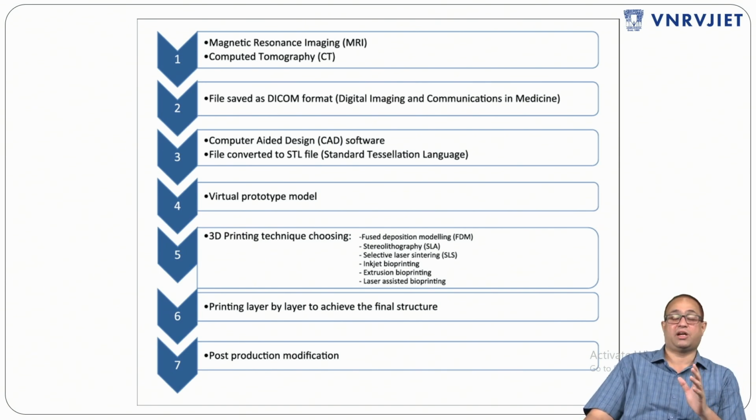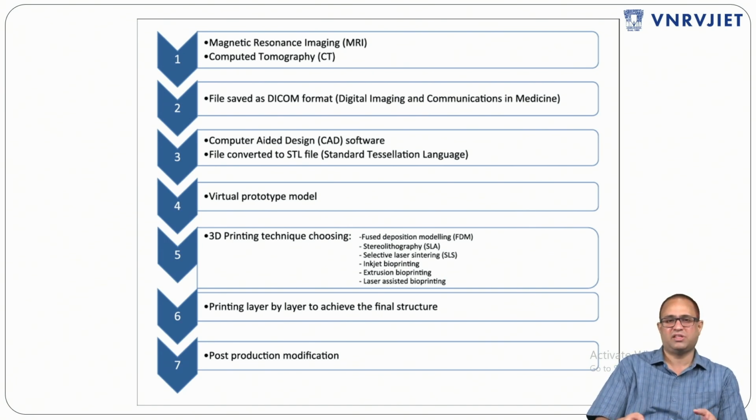This is where the data is extracted from MRI scans and CT scans, magnetic resonance imaging and computerized tomography. From that, the file is saved in the DICOM format. DICOM is an abbreviation for Digital Imaging and Communications in Medicine. This DICOM format is taken and processed in the medical modeling software. What is that medical modeling software?